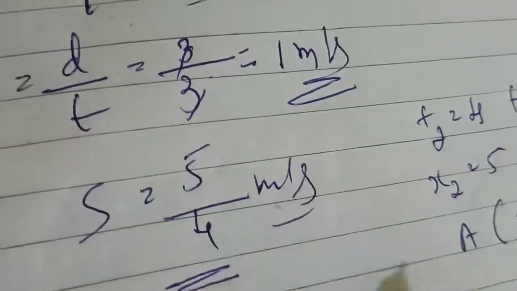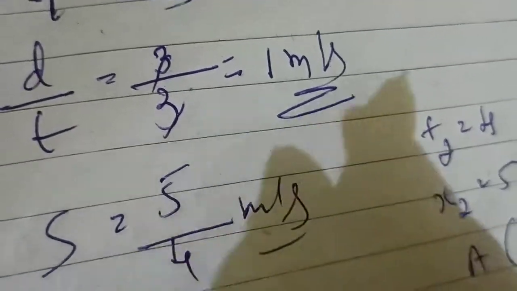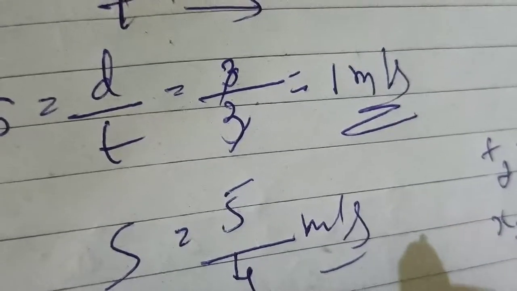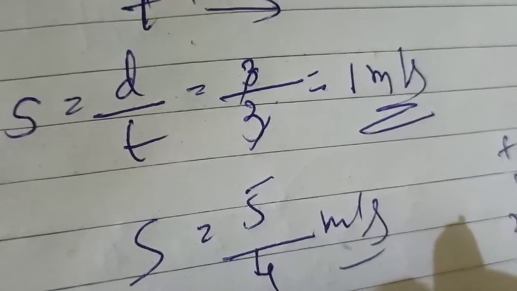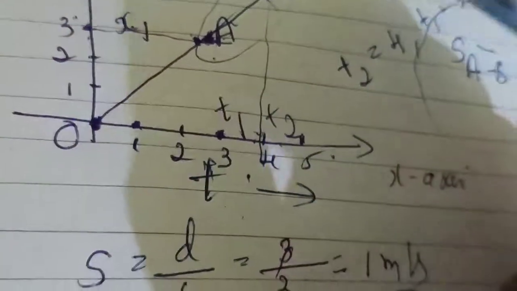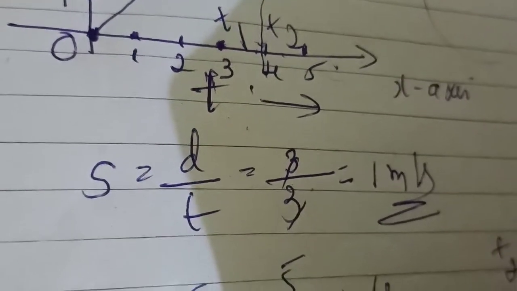So to find out the speed from A to B, we have subtracted by taking 2 points, isn't it? So this we call the slope of the graph, okay?